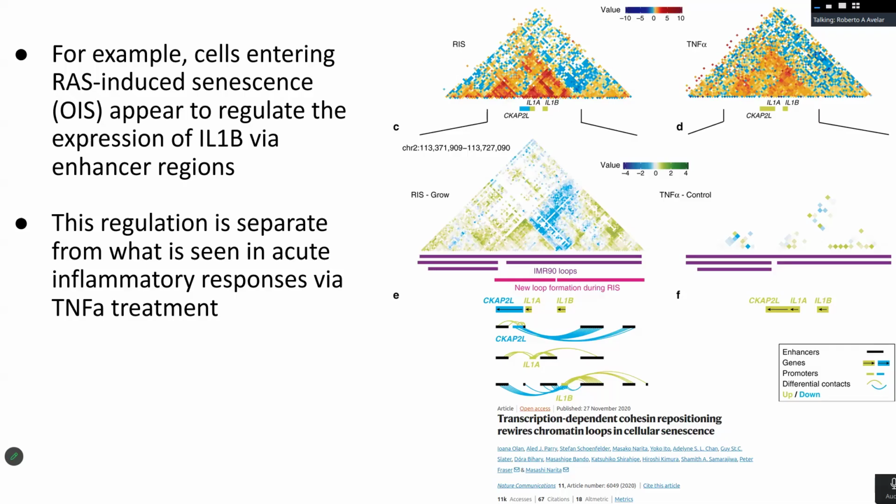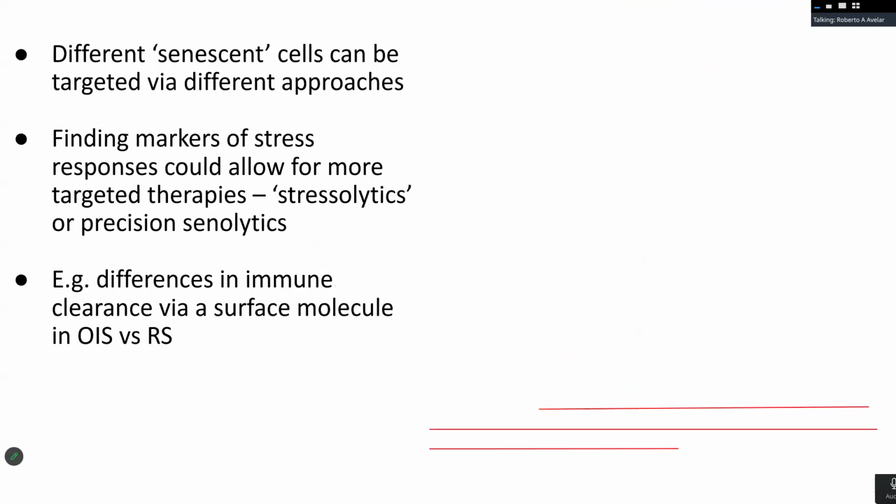And this could be very important for making drugs that selectively kill senescent cells, because you might be targeting a process that is not targetable in some instances. And I think this is probably exactly what's happening with many of these senolytics that are not working. And I'll talk a little bit about that in a second.